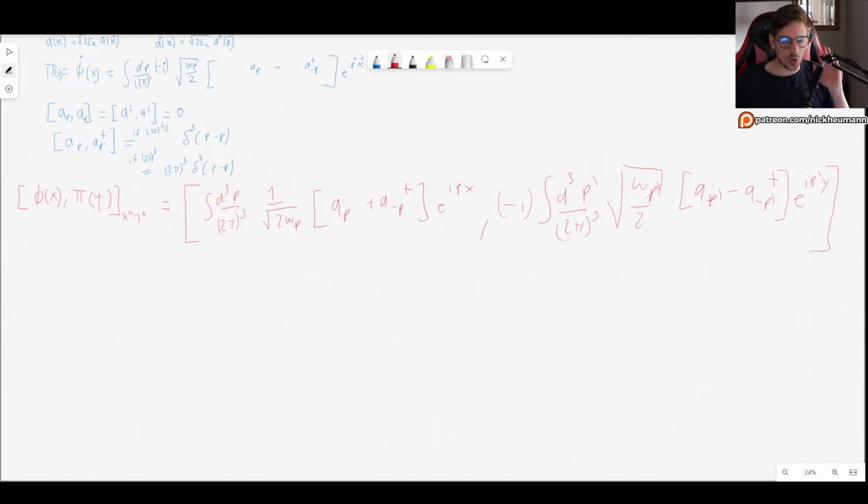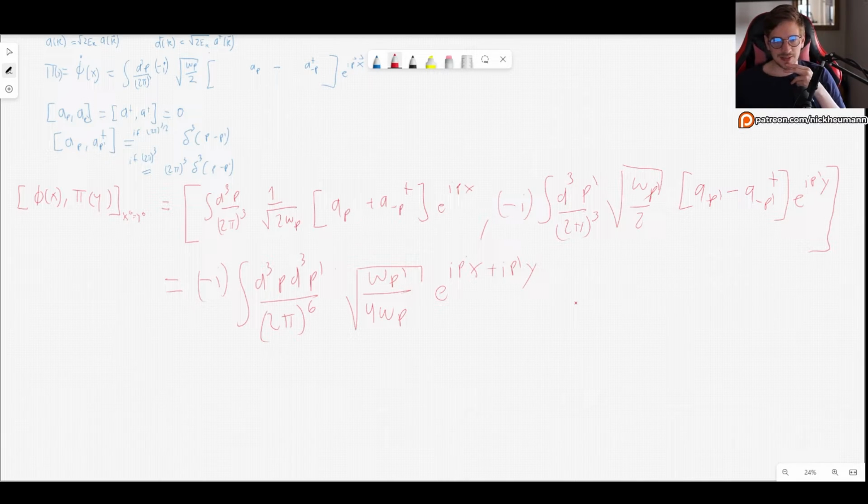So we can just take all the weird things out of the commutator. So we can take the integrals, the constants, everything outside. So we have minus i, then integral d3p d3p prime divided by 2 pi to the 6th. And then we have square root of omega p prime divided by 4 times omega p. And I think that's okay. And then we have e to the i p x plus i p prime y.